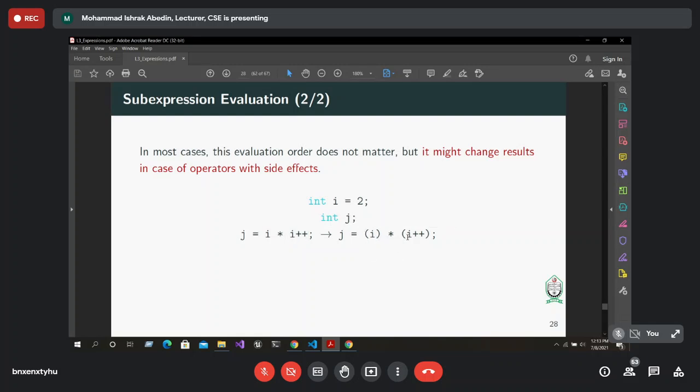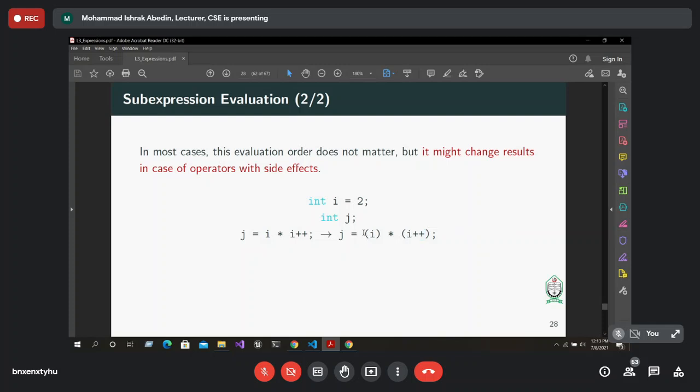Why? We know that I++ is a post increment, right? So the value of I++ for now will be evaluated as 2. This is completely fine. And after the execution of this statement, I will become 3. However, is this sub-expression evaluated first, or is this one evaluated first? Because if this one is evaluated first, what happens? This is 2, and this is 2 plus plus.